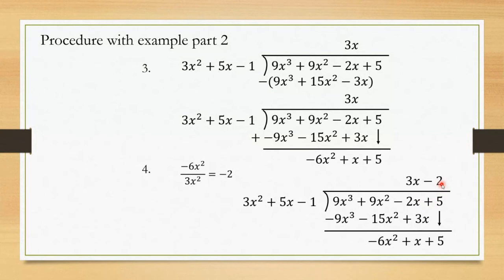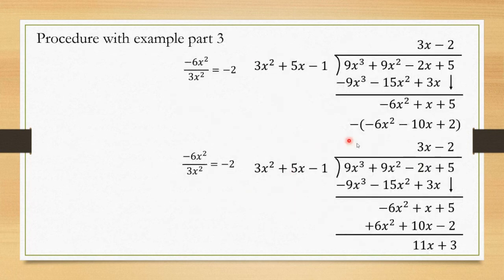So what happens next? We have minus 2 times this here, as you can see. So we have minus 2 times this product, which is on the next slide, down here. And we subtract the product.